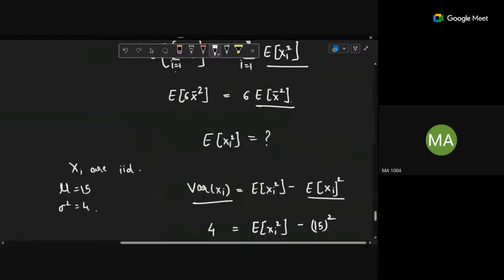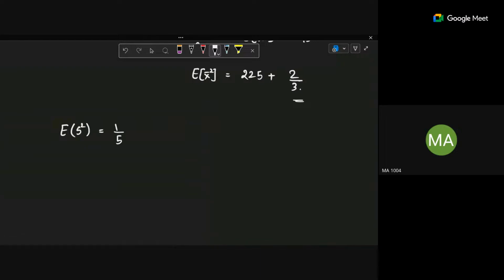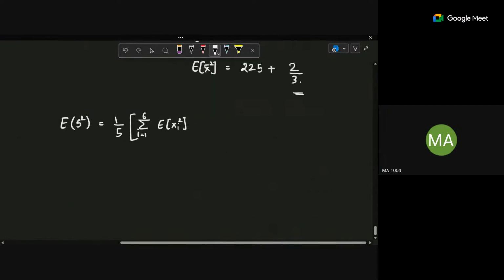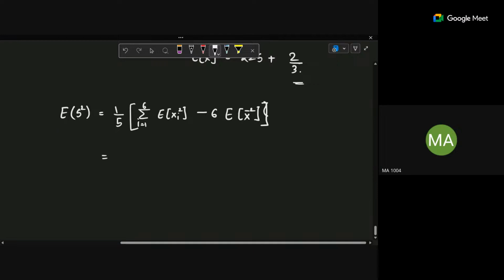So expectation of s square is what? 1 by 5 summation i equal to 1 to 6 expectation of xi square minus 6 times expectation of x bar square. Fine. Let's put all these values.